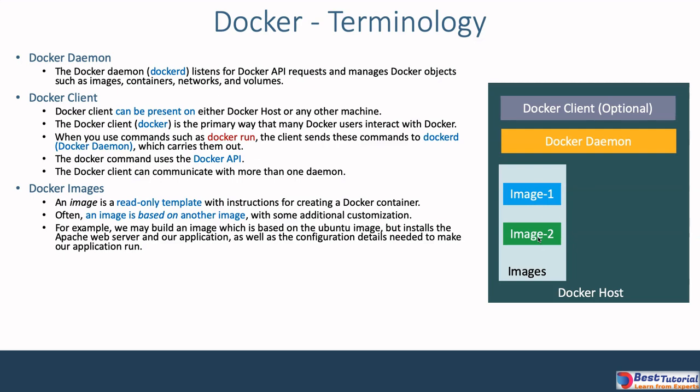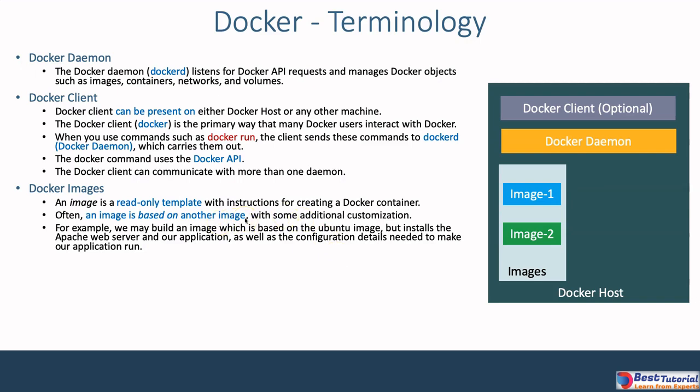With that Ubuntu image we install additional applications we are planning to use, like Apache web servers or Java JDK, and Tomcat, whatever we want to install, deploy our application inside that, and package it as our own application image. The base image we are using is the Ubuntu image. That is what we mean by an image based on another image.